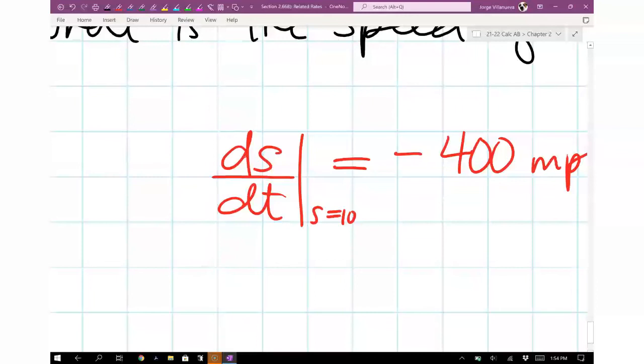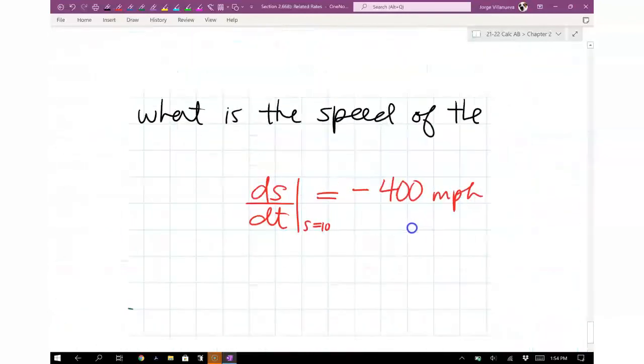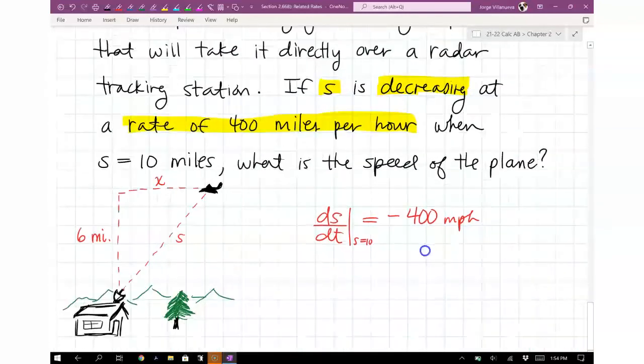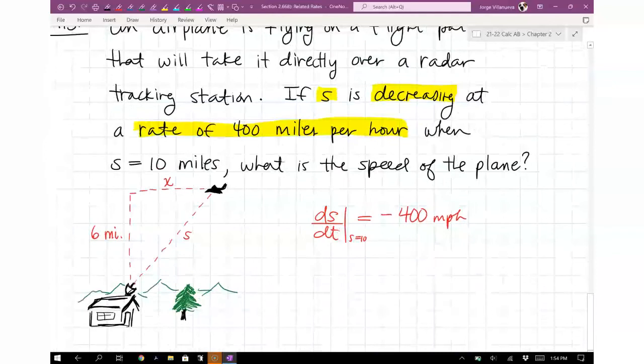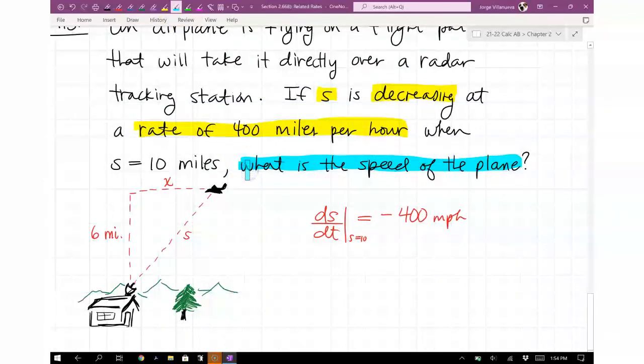So they said the rate at which that distance is closing in when S equals 10 is negative 400 miles per hour. What is the speed of the plane? What variable will tell me speed?